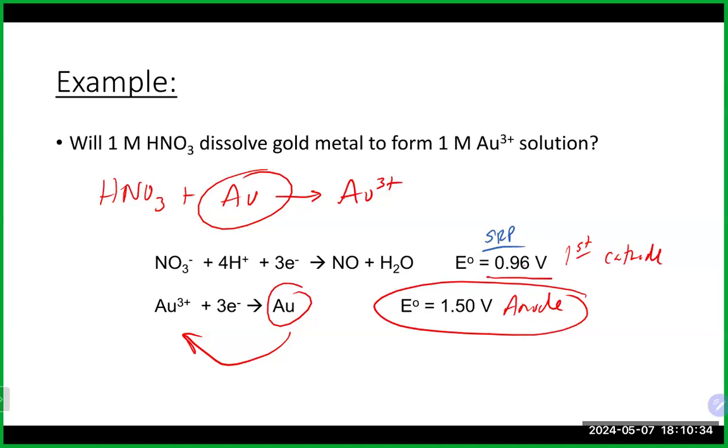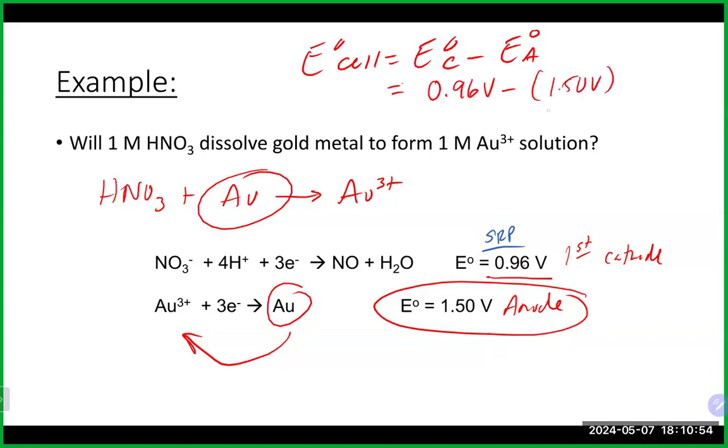So with that being said, we could calculate E of the cell correctly here by taking E of the cathode minus E of the anode. Once again, I'm subtracting, so I'm not going to change signs, but I've already identified which one is which. So we're going to take 0.96 volts minus 1.5 volts in this case.